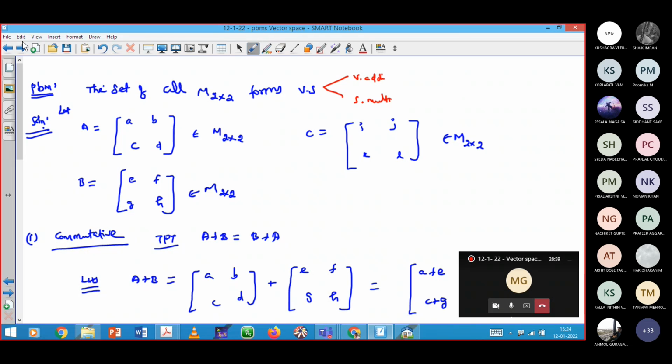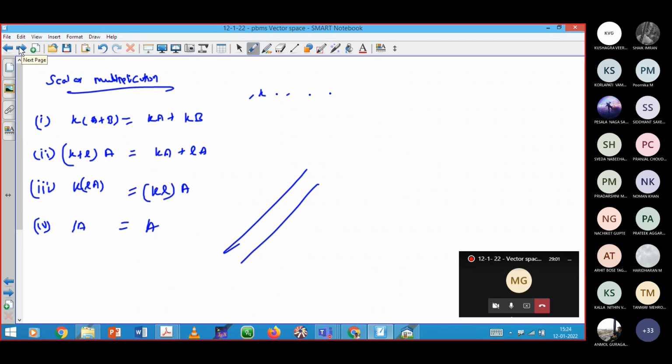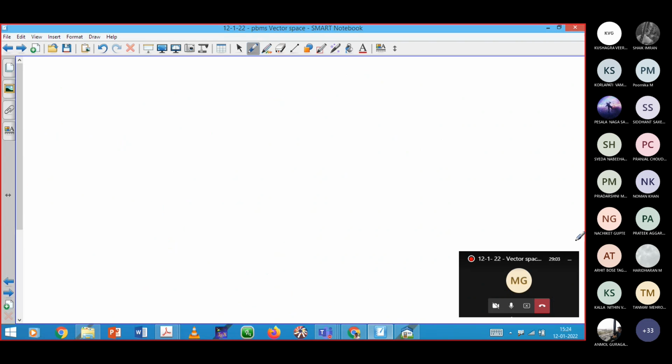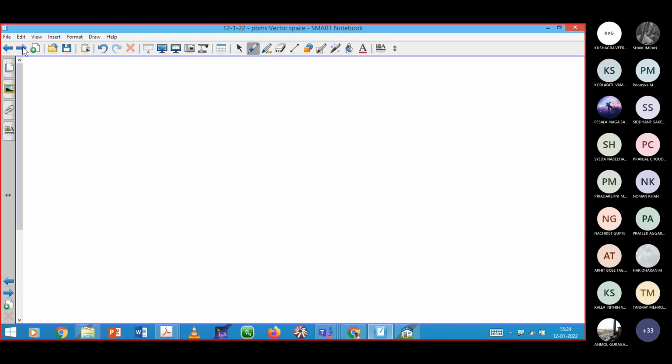Okay, fine. Let us enter into the last problem on this vector space model. Here, the polynomials of degree less than or equal to n form a vector space.